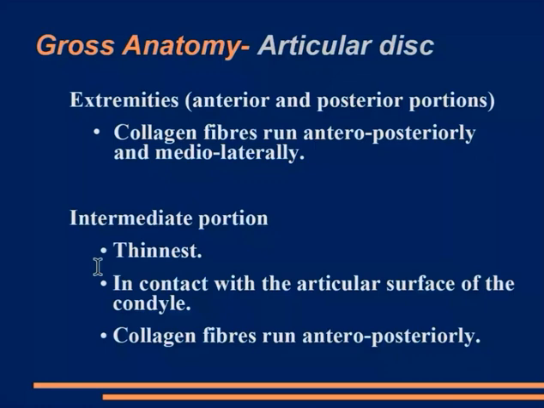Now, from the anatomical and histological parts, the articular disc has extremities, medial, lateral, anterior, and posterior, and we have the intermediate portion or the core portion. In the extremities, the collagen fibers run anteroposteriorly and mediolaterally, in all directions.